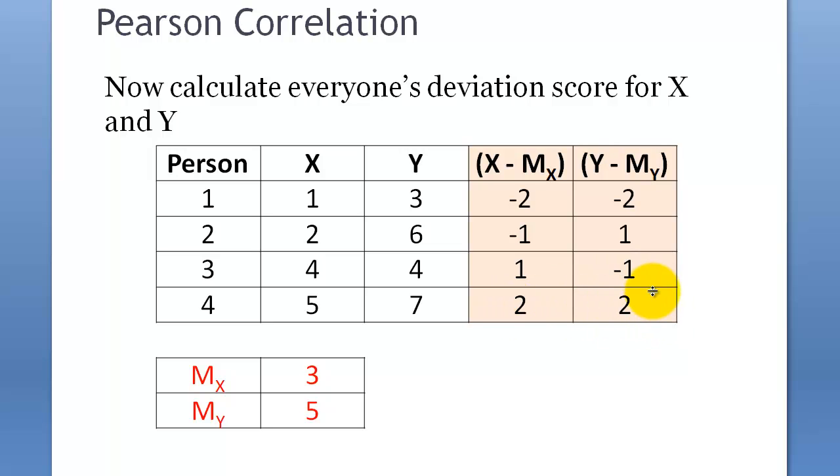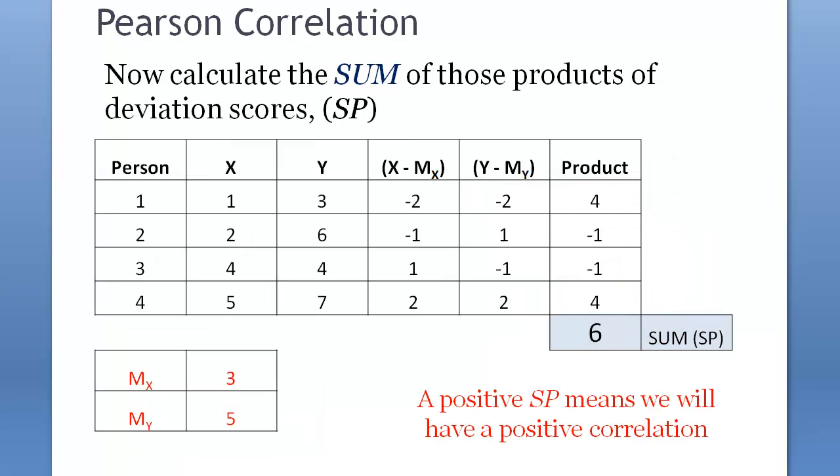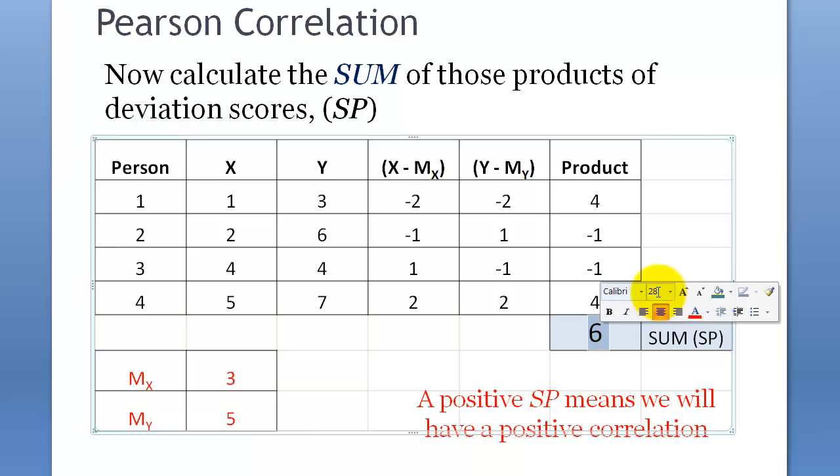Those are the products, and there are four products. And the sum of products means just the sum of the products. So these are products, and the sum of products would be the sum of these numbers.